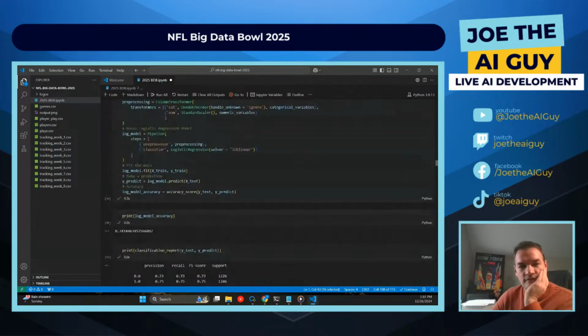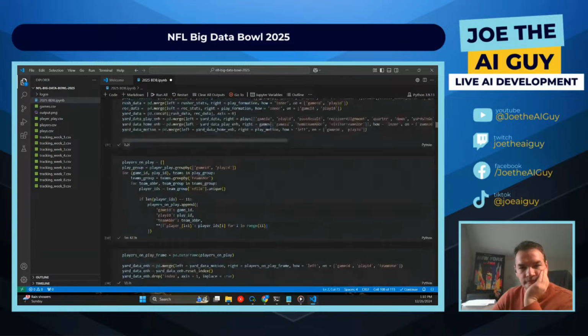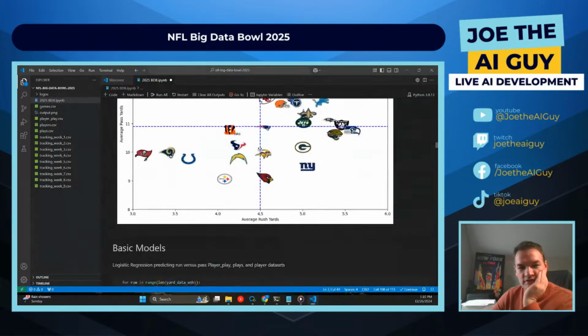Why am I blanking on it? For the plot here. I want to go back to this visualization.